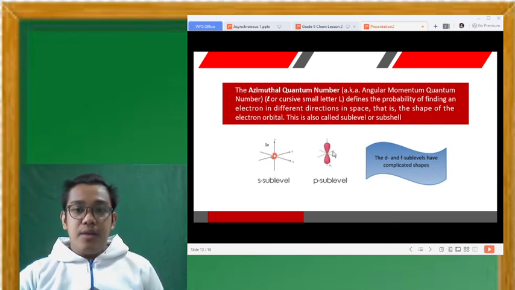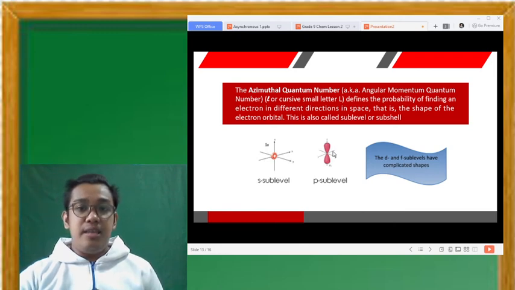The azimuthal quantum number, also known as the angular momentum quantum number, written as a cursive letter l, defines the probability of finding an electron in different directions in space. That is the shape of the electron orbital. This is also called sublevel or subshell.